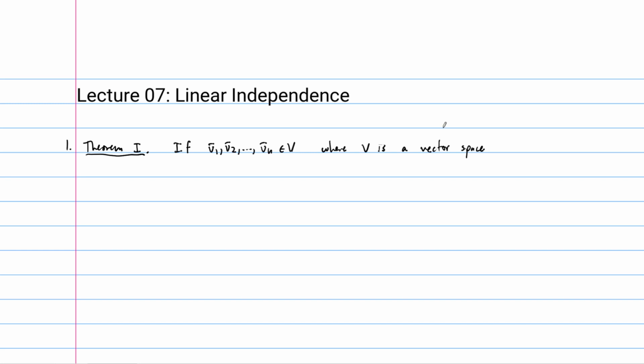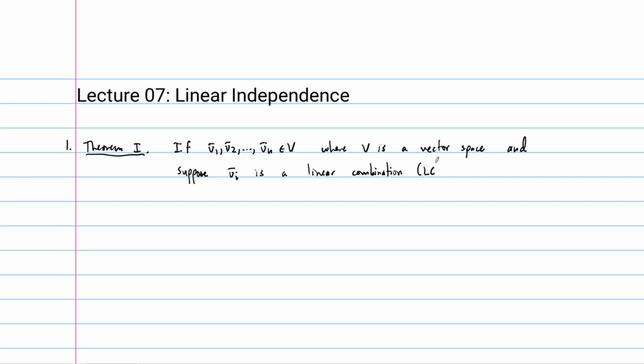So if these n vectors live in this vector space V, and suppose that one of these is a linear combination of the others. So here let's suppose that, let's say Vi is a linear combination of the other n minus 1. Remember, a linear combination means that it can be written as a sum or difference of scalar multiples of the other ones.